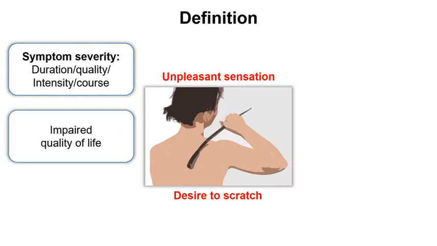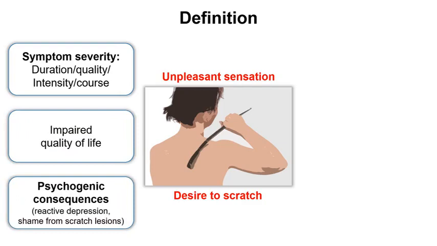Of course, it's unpleasant, meaning it has an impairment on the quality of life, sometimes even resulting in psychogenic consequences, such as reactive depressions. And when I say sometimes, it's an underestimation. So it's about 70% of the patients that have psychogenic consequences.